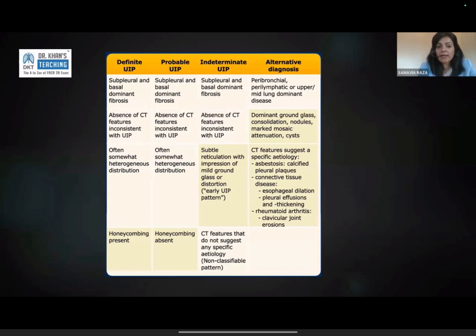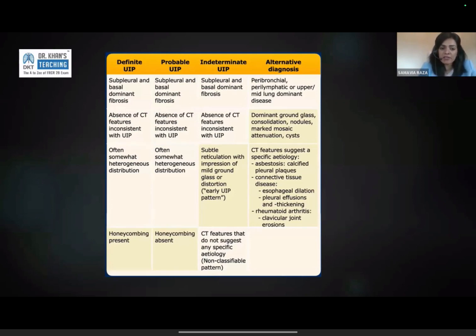There can be a bit of ground glass, but that ground glass change will always be considerably less than the degree of reticulation. So the main predominant abnormality is too many lines, reticulation, that happens to be peripheral, and it absolutely needs to be basal predominant. It can be anywhere in the lung, but it has to be worse at the base of the lungs. And by base, I mean lower half of the lung, not the back, posterior part of the lungs.